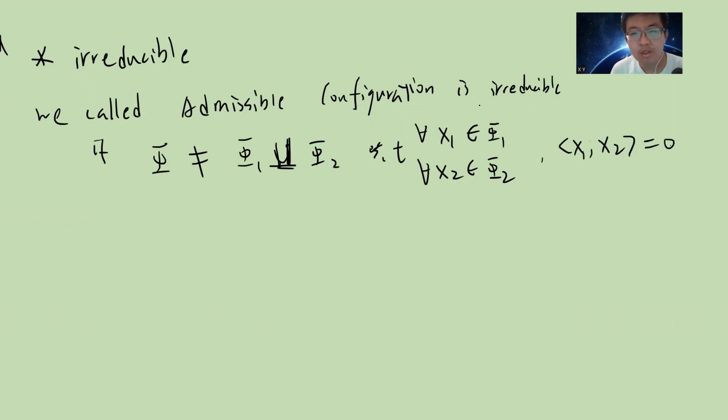Okay, so these are called irreducible. Simply speaking, you cannot separate all the vectors in the admissible configuration into two parts such that the two parts are also good.